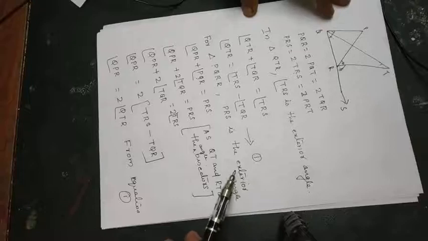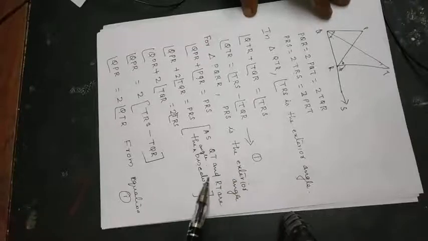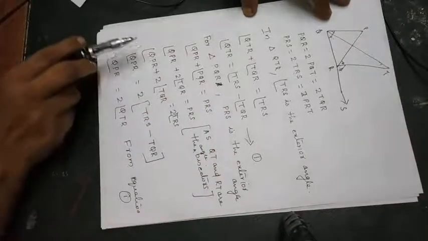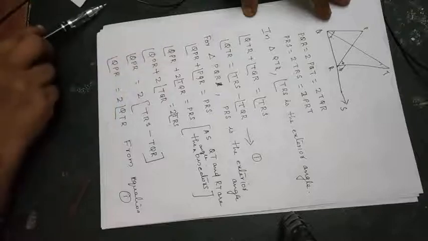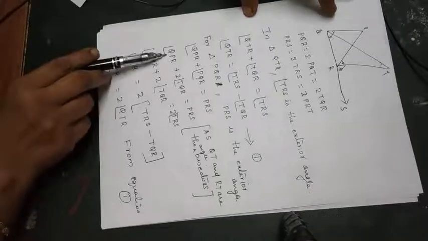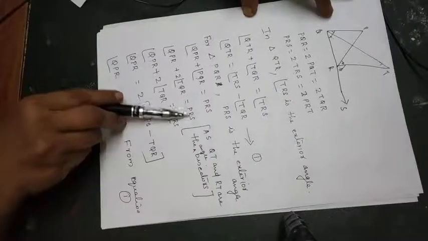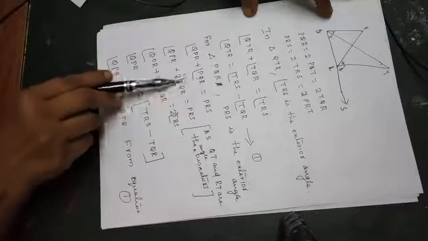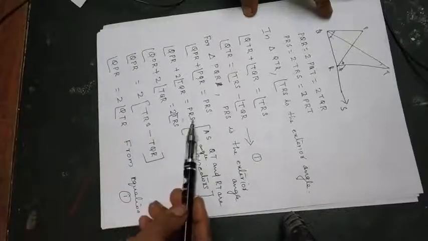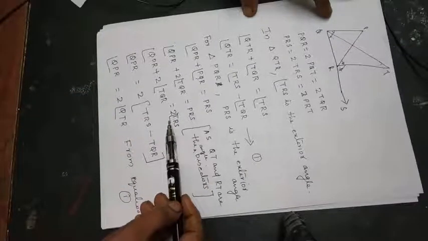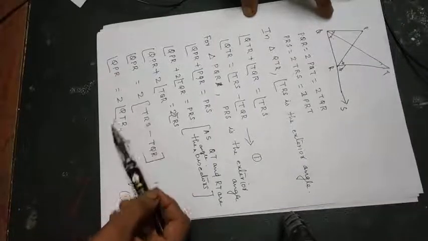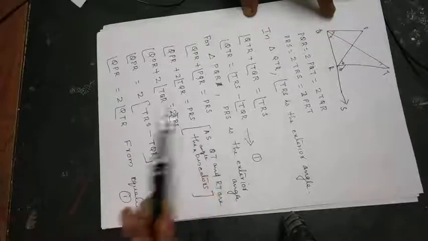Now for the second triangle PQR, PRS is the exterior angle, the same property we are using. So QPR plus PQR is equal to PRS. Then QPR plus 2 times TQR is equal to PRS. We change this one, as QT and RT are the angle bisectors. Then change PRS to 2 times TRS. Now subtract that one, take common out, then put the value from the first equation.